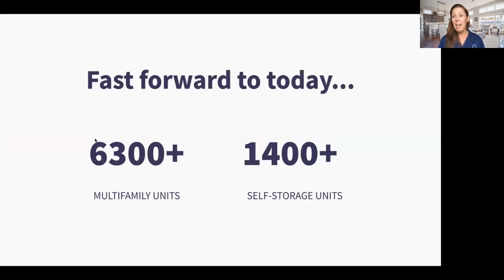Through passive investing, as well as our active acquisitions, we've scaled up to over 6,300 residential units, 1,400 self-storage units, though the self-storage units are a little behind as of August, and also car washes and hotels. We run the gamut, but what you see there is the tip of the iceberg. There's a lot of work that went into building up this type of portfolio.